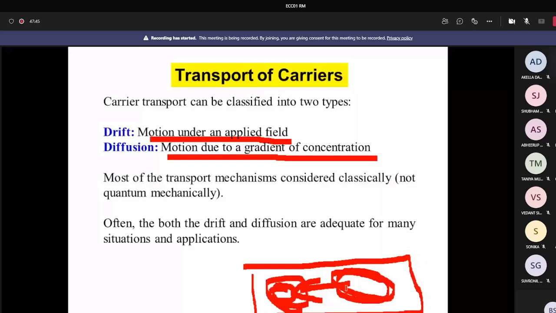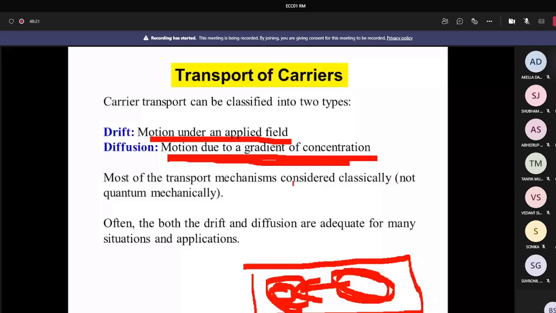Obviously the diffusion will take place from high concentration to low concentration. Any type of diffusion, of carriers or of gases, as you know, is driven by the concentration gradient. So diffusion is due to the concentration gradient of carriers, and drift is motion under the electric field.